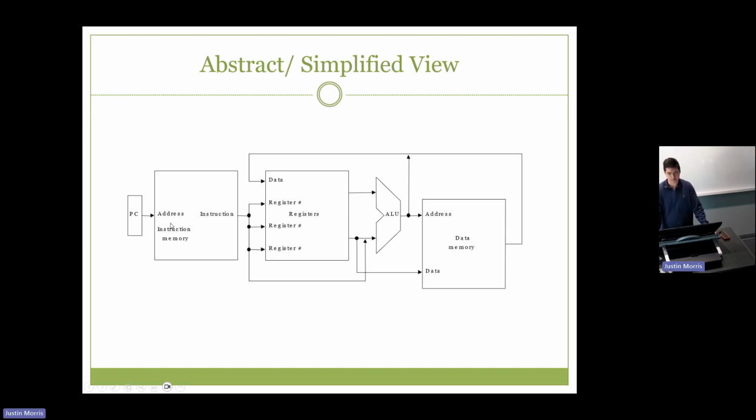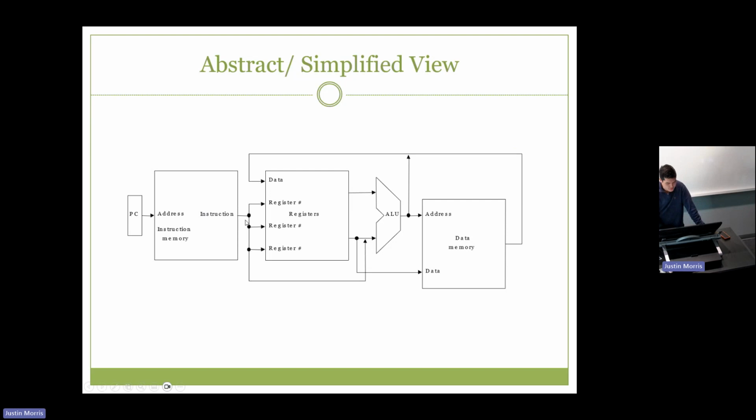We'll talk about that in chapter 7 with caching, but this makes the view a little bit more simplified and easier to understand that they're separate entities. So we have the program counter pointing towards the address of the instruction that we want to perform. And out of the instruction memory, we get the 32 bit instruction, right?